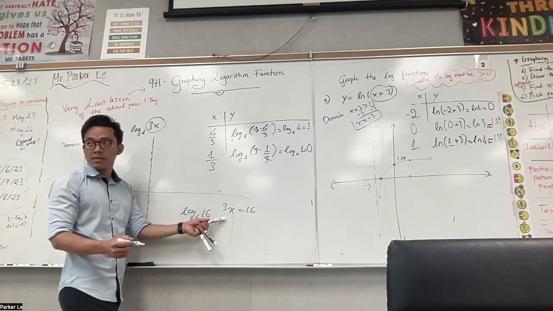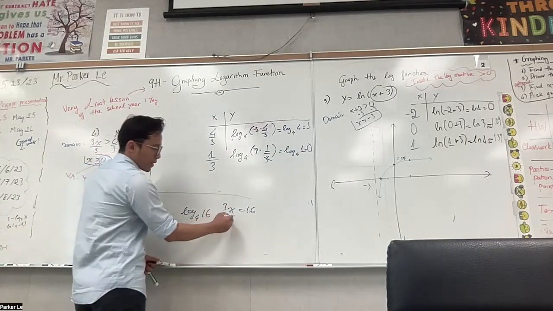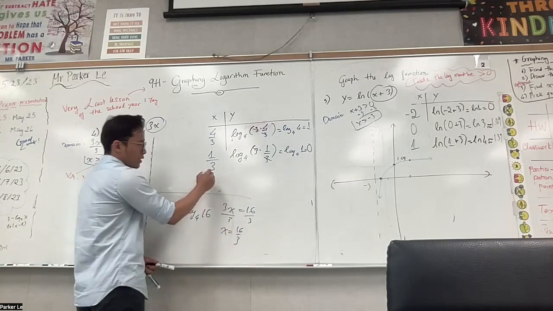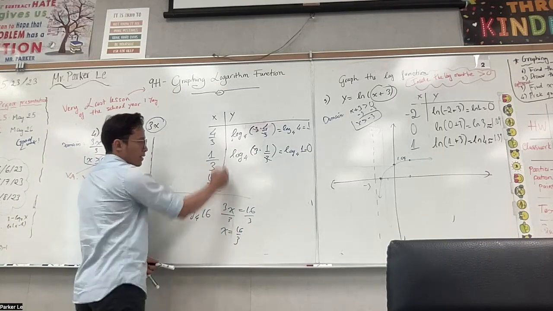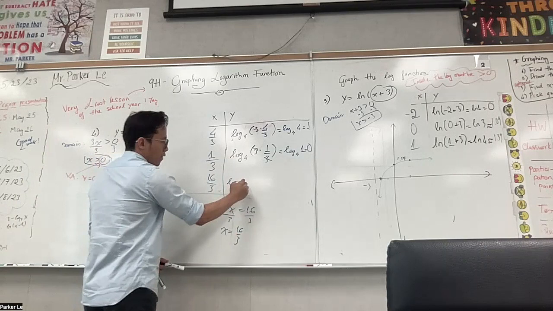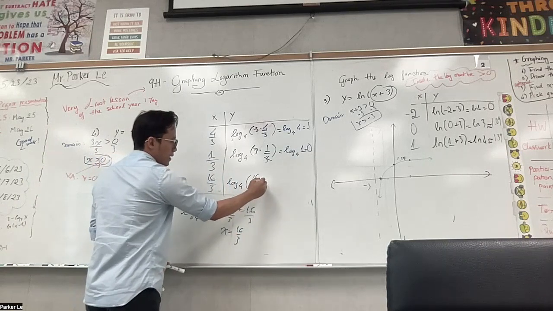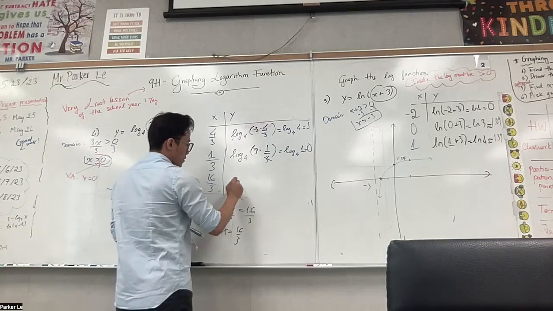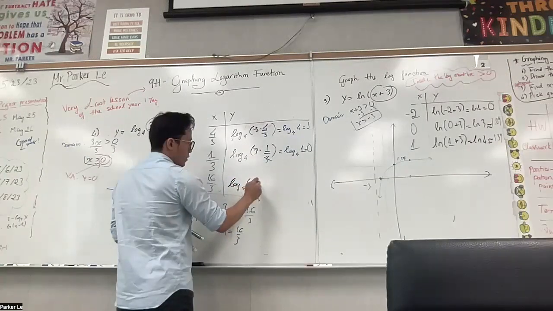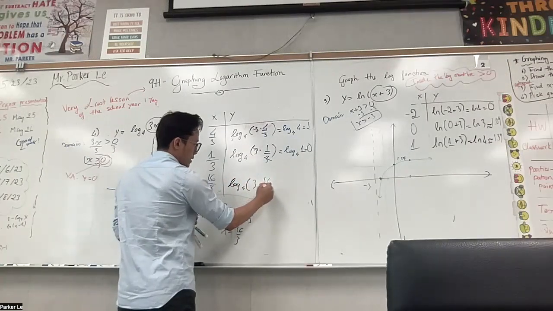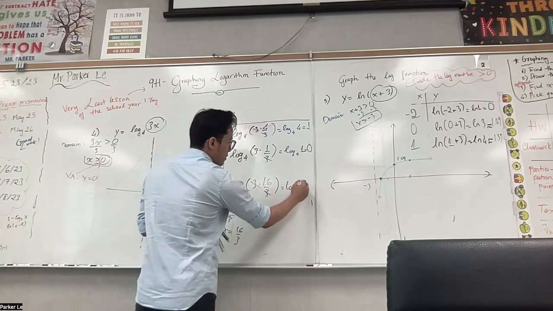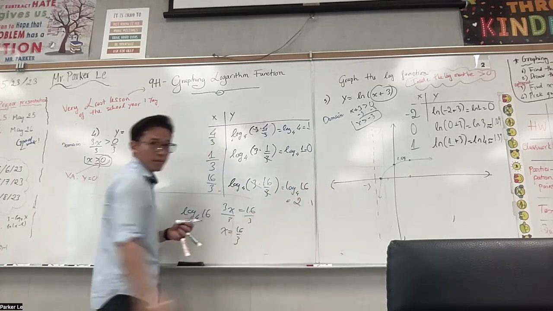How can I solve for x? Divide by 3. So x equal to 16 over 3. So I choose that to be the next point: log base 4 of 3 times 16 over 3. Log 4 of 16 is 2.